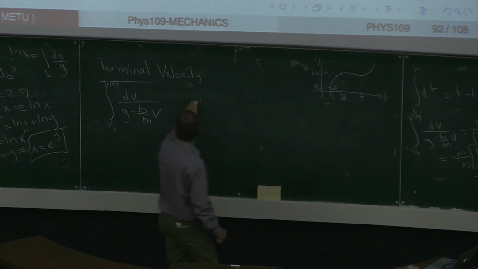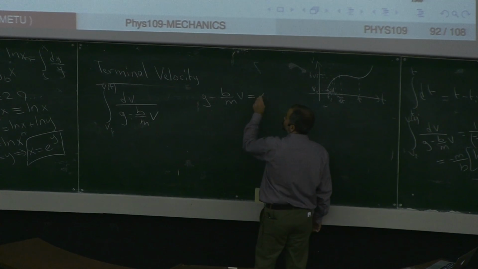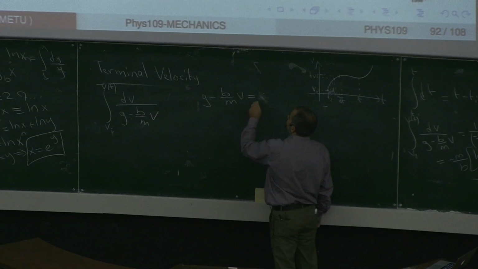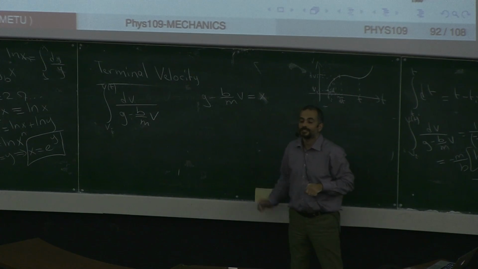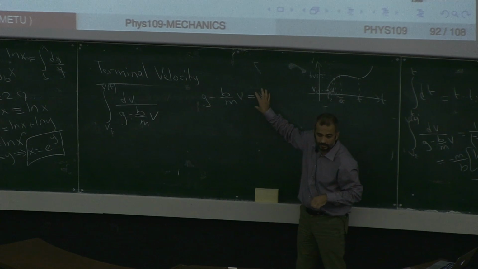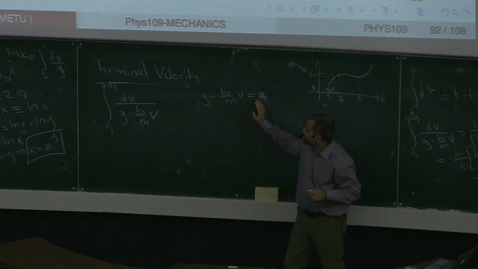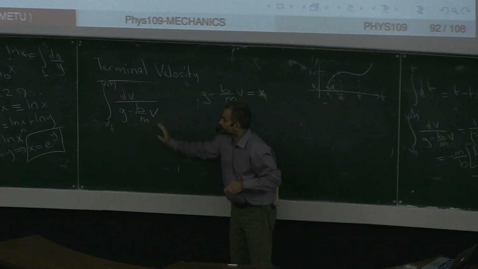What I do is call g minus b over m v just x. It is just a change of variable. Instead of my variable v that I'm summing over, I'm just defining a new variable x, which is not the position, just a different variable, so that it will get quite simple.